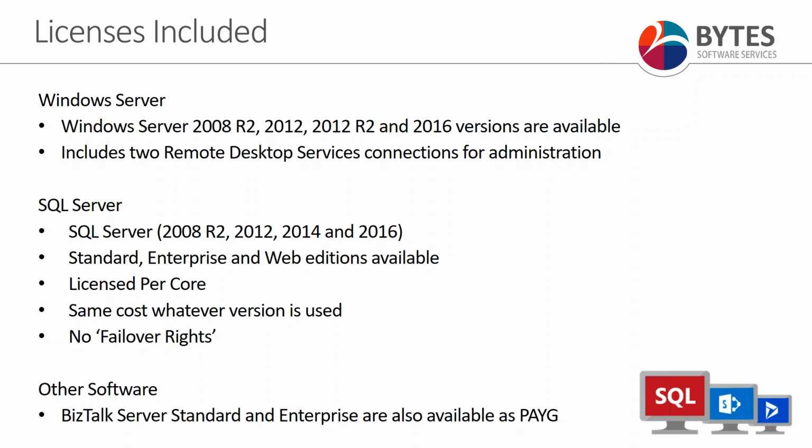Windows Server specifically includes 2 Remote Desktop Services client access licenses for administration and management purposes. If you need additional RDS CALs, you can purchase those through any of Microsoft's volume licensing agreements and bring those to Azure through license mobility, and I'll cover more on license mobility shortly. But that's to say that software assurance is required to use those CALs in Azure.